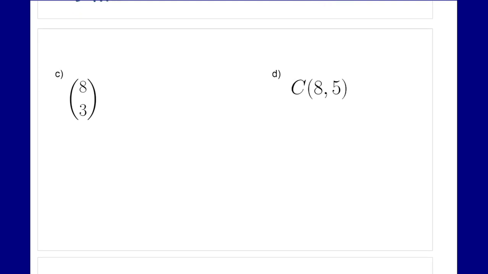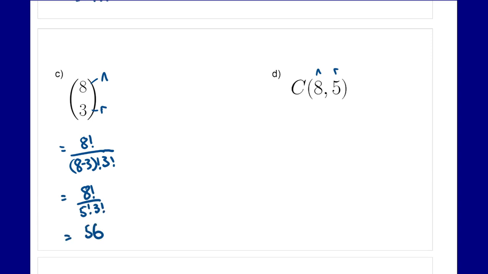Look at these two examples. Again, different notation. Again, remember n and r for our first. So 8 factorial over 8 minus 3 factorial times 3 factorial, which works out to 8 factorial over 5 factorial times 3 factorial, or 56 ways. 8 choose 3.